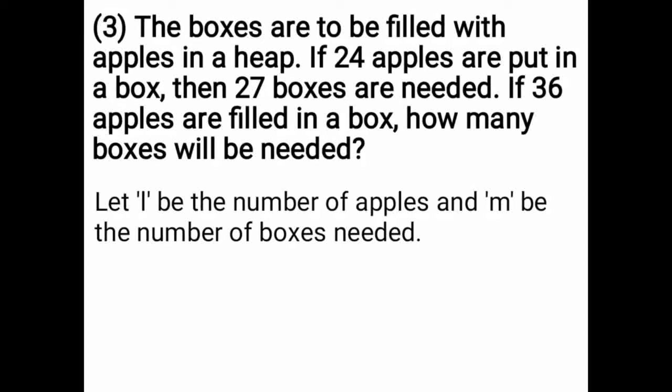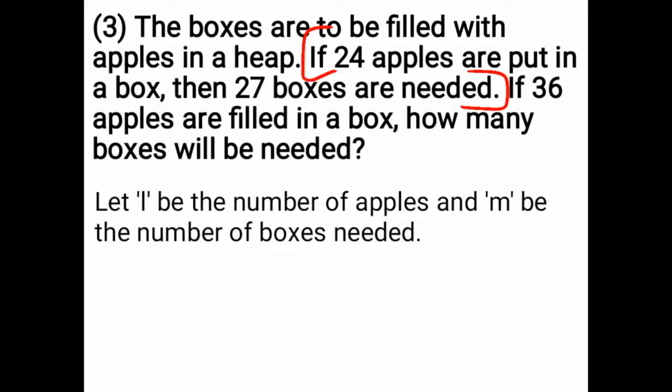If the alphabet letters are not given, you have to take the alphabet letters on your own. You have to read the second sentence of this question. If 24 apples are put in a box, then 27 boxes are needed. It means 24 apples are put in one box, then 27 boxes are needed for how many apples? You have to find more than one box.